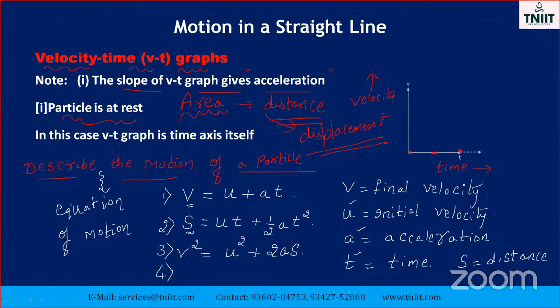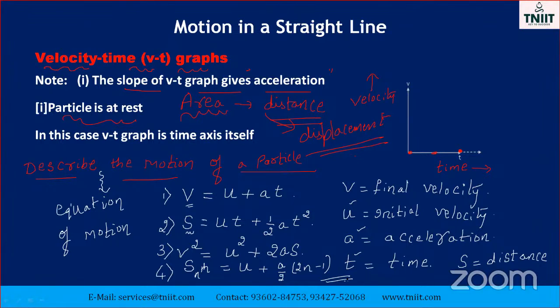Come to the fourth one. That is the distance traveled in the nth second. The distance traveled in the nth second is given by the formula S nth is equal to U plus A by 2 into 2n minus 1.